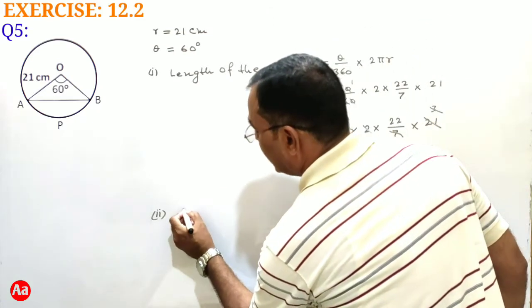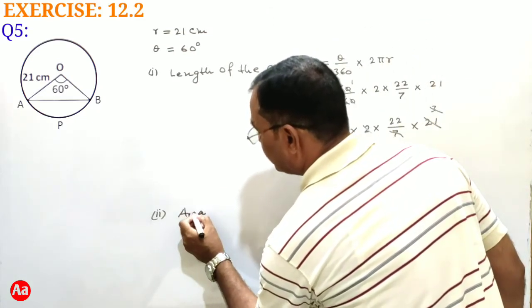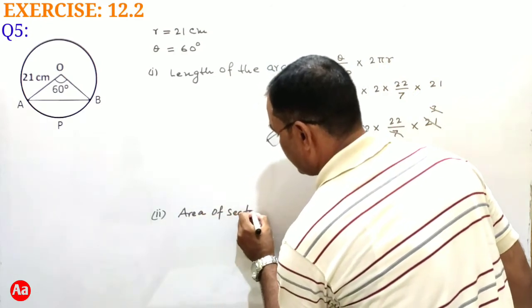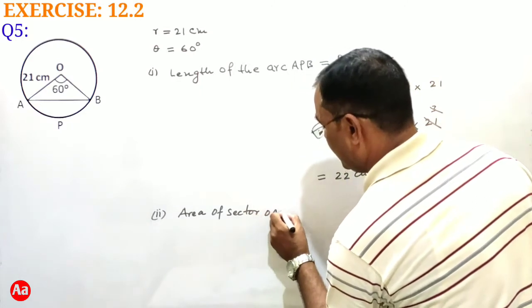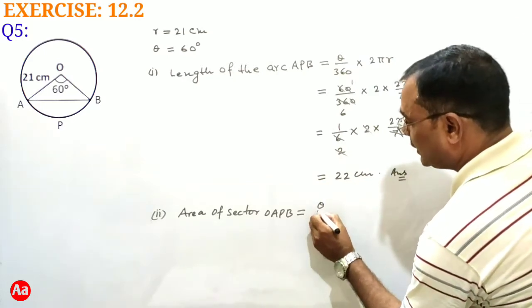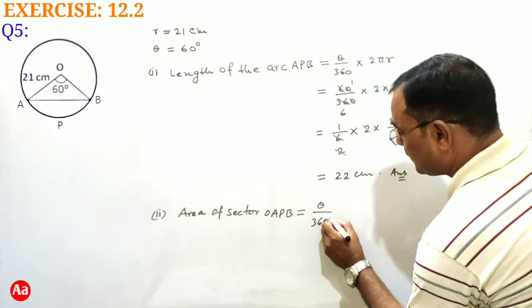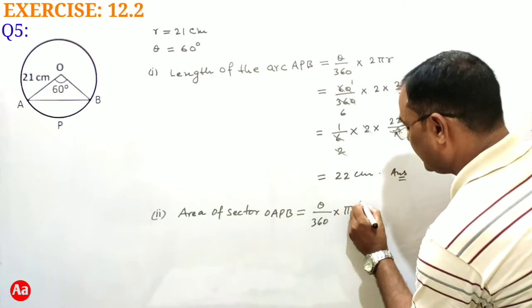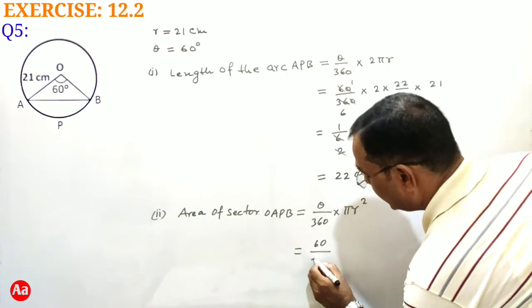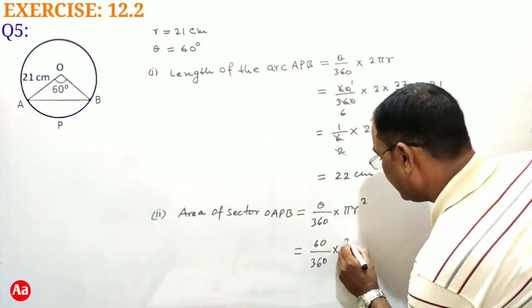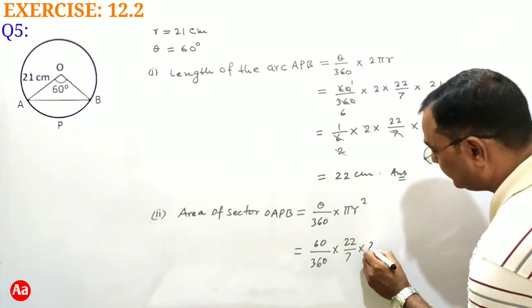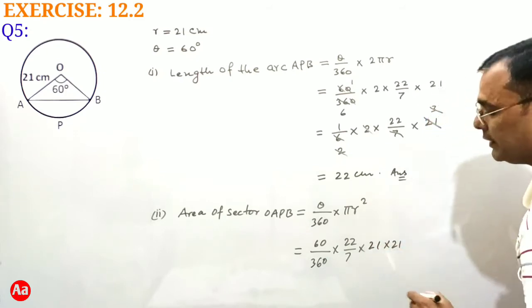So area of sector OAPB is equal to the formula theta by 360 into pi r square. 60 by 360 into 22 by 7 into r square, 21 into 21.